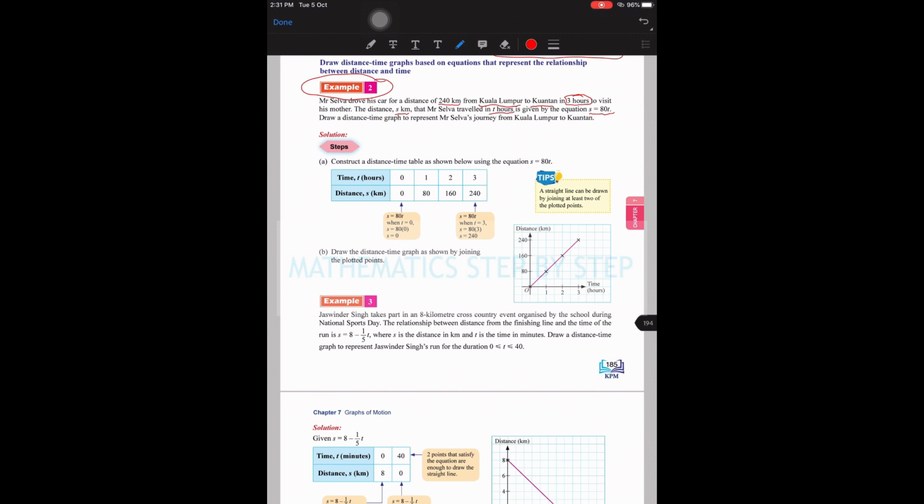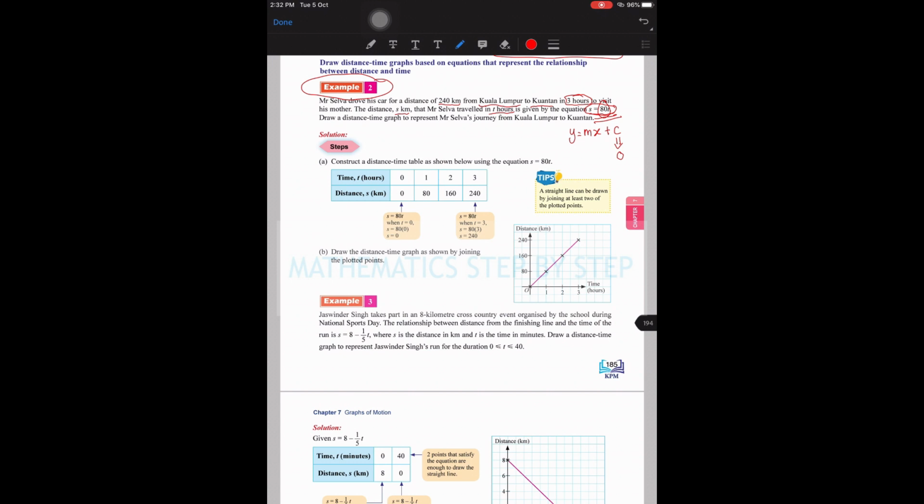Okay, so we can see that this is the equation of a straight line. The general form of the equation of a straight line is y equals mx plus c. In this case, c equals 0. So we know the gradient is equal to 80. Okay, so we can substitute a few points and we'll be able to sketch the graph.